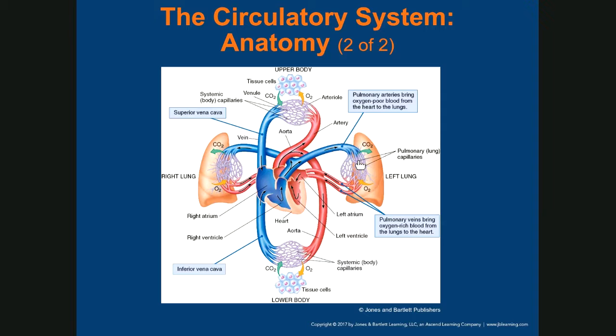Now, at the point that the deoxygenated blood cells are passing through the pulmonary capillaries, which are hugging the alveoli or air sac, oxygen comes down into the air sac at the same time. It must occur at the same time.